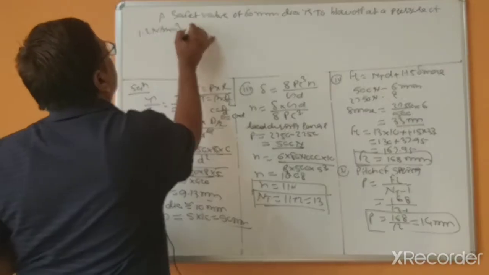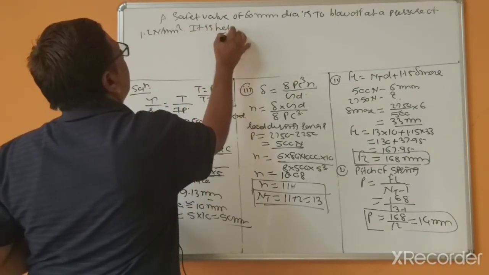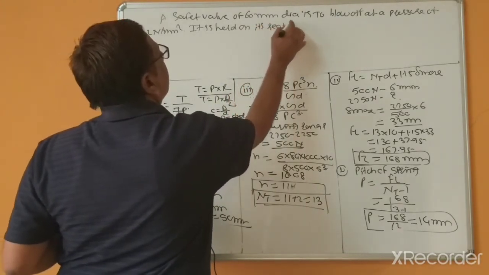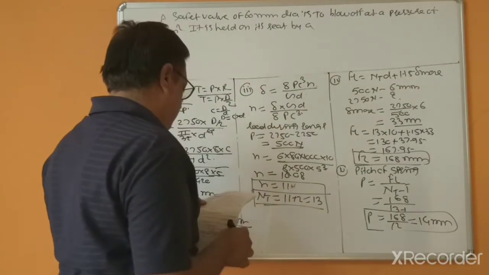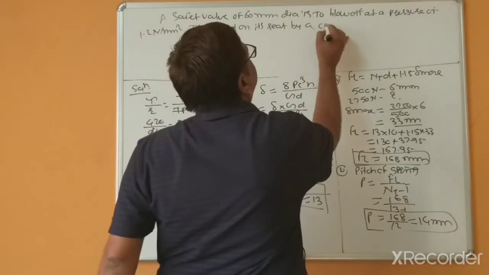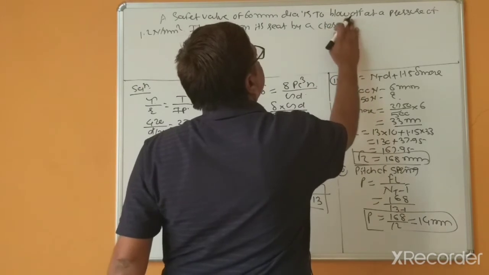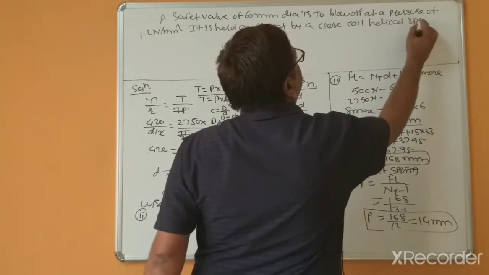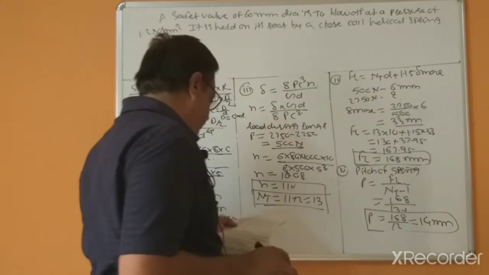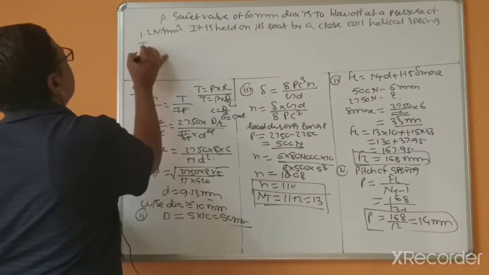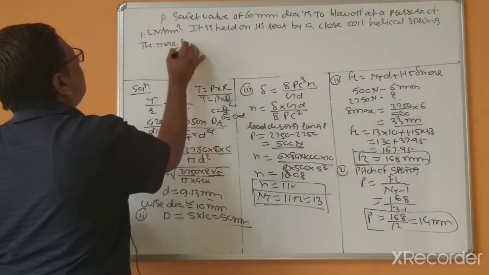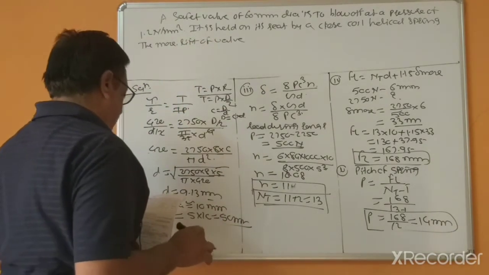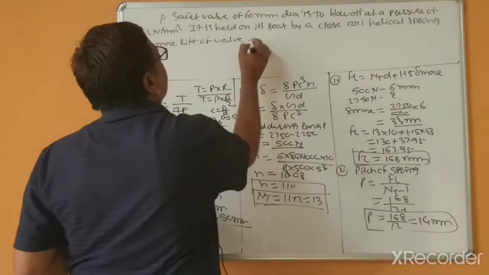It is held on its seat by a closed coil helical spring. The maximum lift of the valve is given as 10 mm.